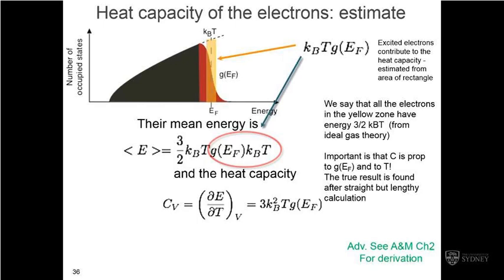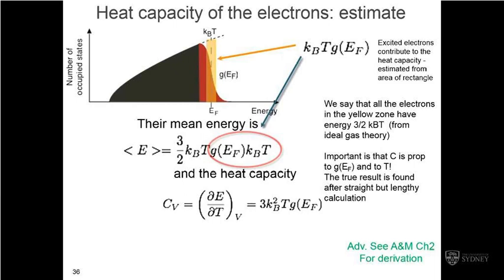That's the energy. Now we need to know the number of electrons that are excited. So how do we get that? We're going to consider a rectangle as an estimate. If we can figure out the area of that rectangle, that will give us the number of electrons that are excited in this region near the Fermi level.